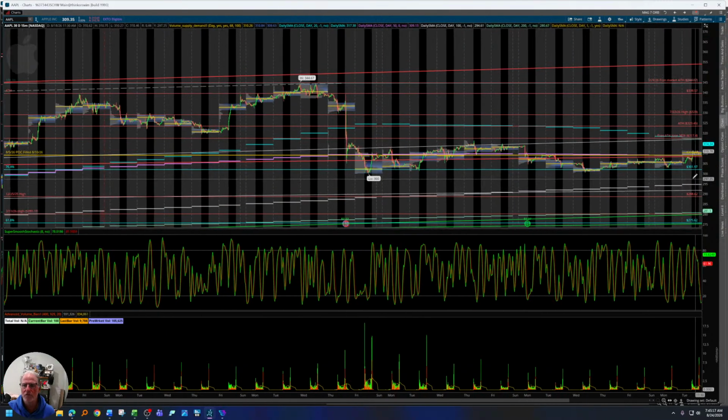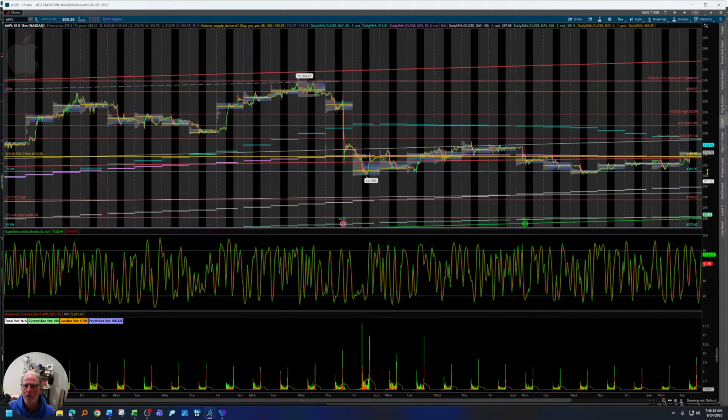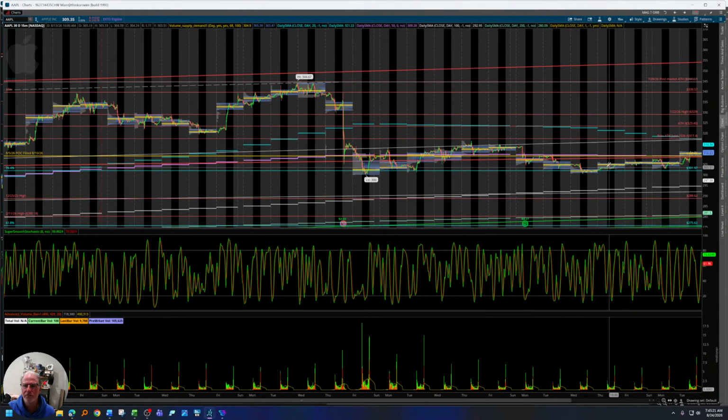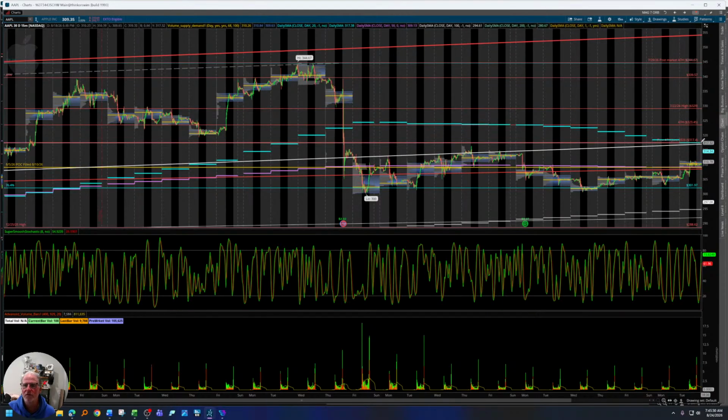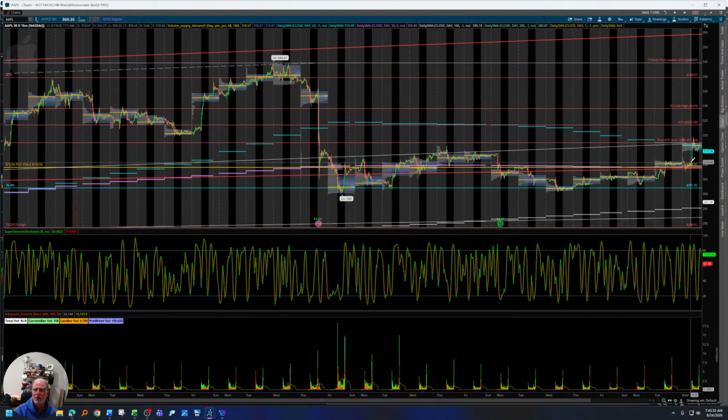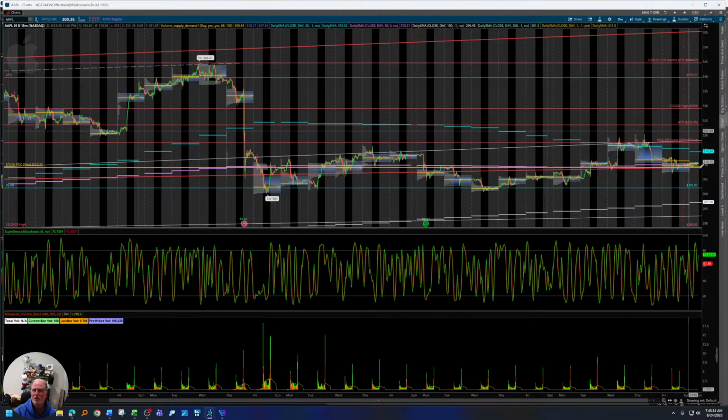Right now, it's just in pullback mode. We did hold this 301.97 level last week. I was talking about that all last week. So right now, if you pop to 317.40, there's probably going to be some headwinds at that level. You could see right here, really struggling pre-market right now.